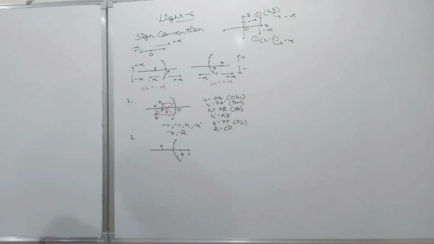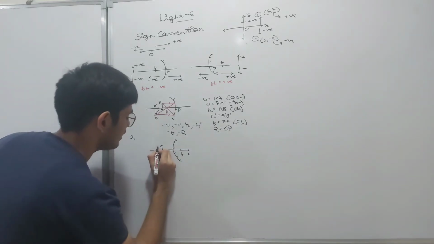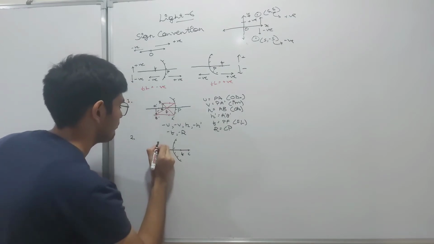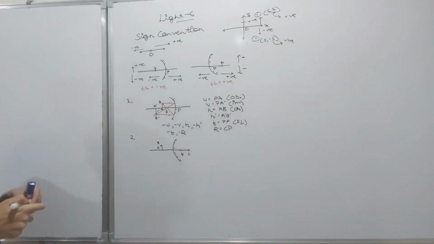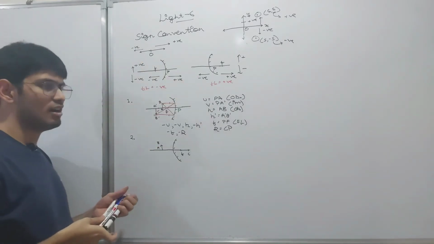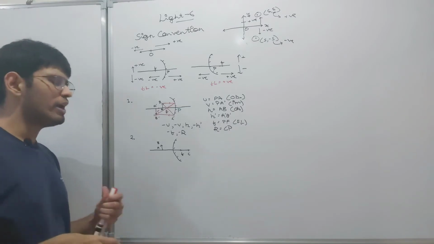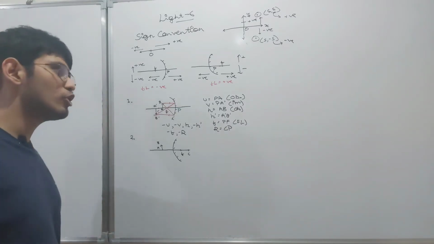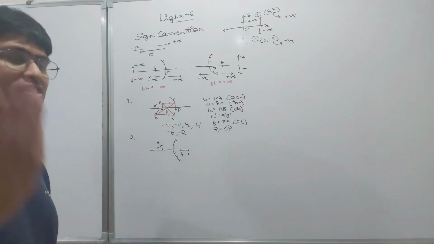Let us name the object AB. Now you just have to tell me the values of all the quantities. Should you try it by yourself? First, you pause this video, try it by yourself and then resume.